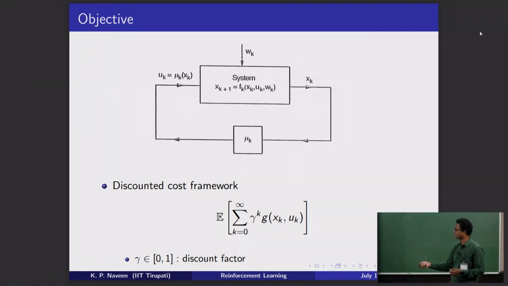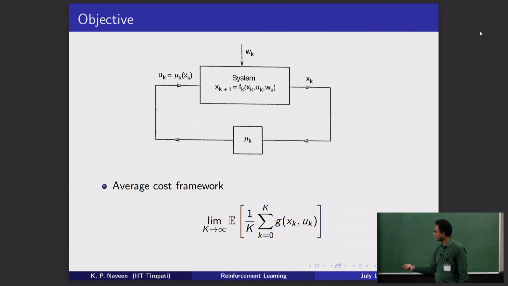This is a very popular framework. Finally, we have the average cost problem, which in many contexts makes sense, because you are interested in the average performance of the system. I've just added up, it should have been k minus 1 here. So there are k minus 1 one step costs, and 1 by k is like the average cost per unit time. Just take the limit as k goes to infinity.